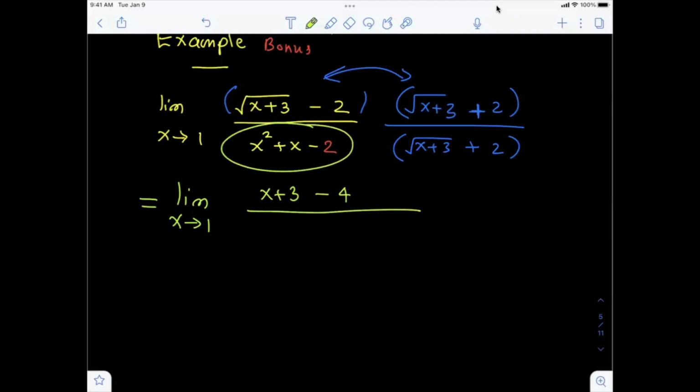And that's where this bad factor is hiding, therefore you need to factor that component. So the factorization of this component is none other than x minus 1 and x plus 2.